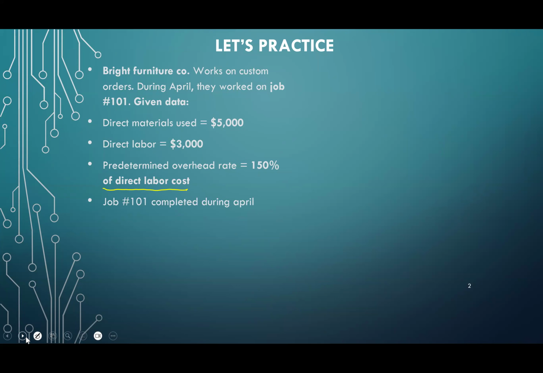The job in hand was completed during the month of April and it sold for $12,000. Notice, because I know the selling price, once I figure out the three cost components, I can combine them and subtract them from my $12,000 to figure out what the profit would be. That's where we are going.